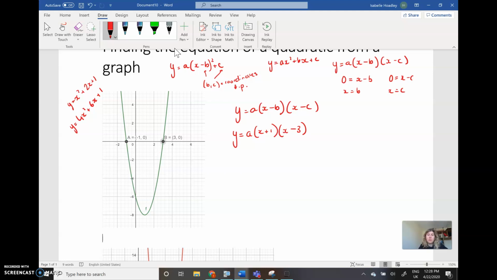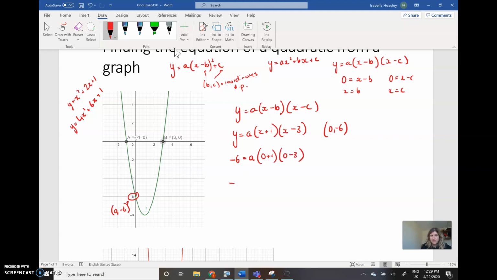So how do we find if there's a value out the front of the x squared? Well, what we do is we pick one other point on the graph that we know. I'm going to use the y-intercept here, which is 0 for x, -6 for y. And I'm going to sub in those values for x and y in my equation, and solve for a. So 0, -6, then I'm going to sub in 0 for x, so we have 0 plus 1, 0 minus 3.